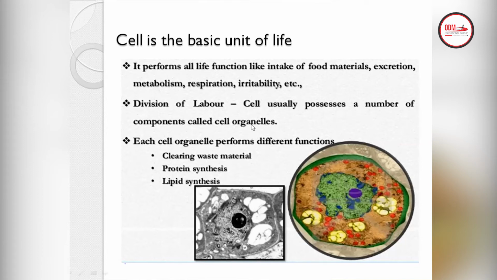Other organelles like ribosomes are the site for protein synthesis. All these organelles are very important, as they carry out the physiological processes inside one cell. Each organelle performs different functions, as we have already discussed: clearing waste material, protein synthesis, lipid synthesis.